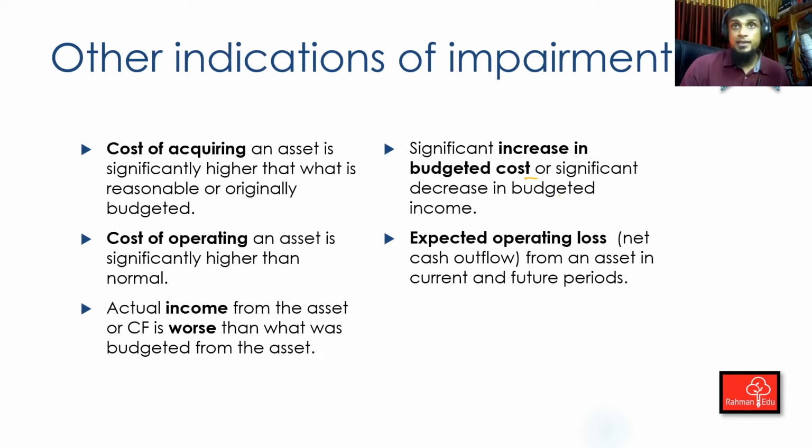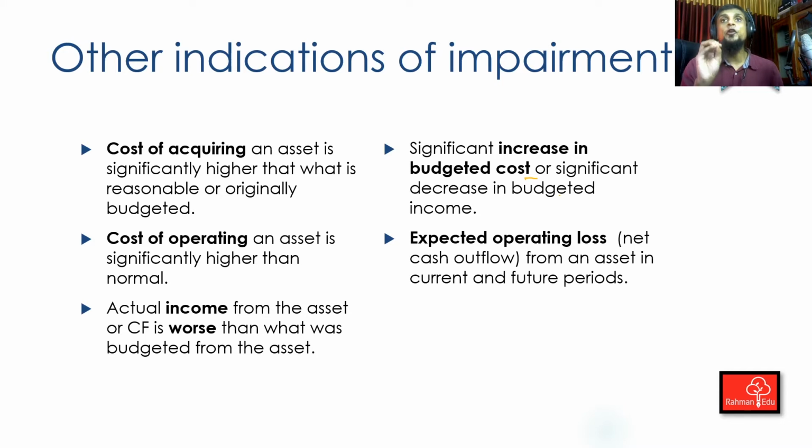So guys, those are indications of impairment. Expecting operating loss from your business or from your asset, cash generating unit, or expecting cash outflow, negative cash flow: those are indications of impairment loss. So we got that indication.